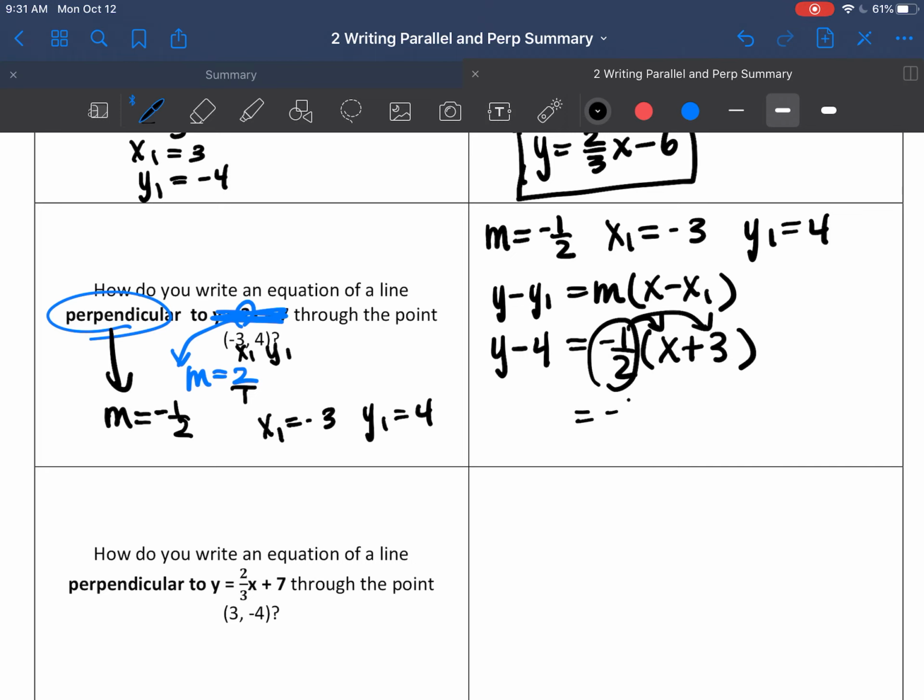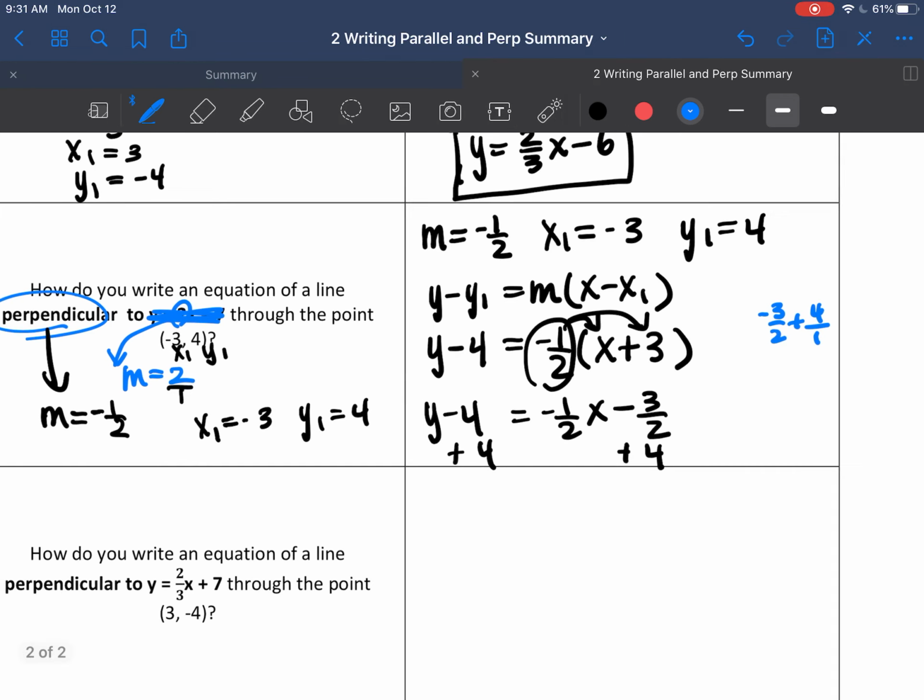Distribute, giving me negative 1/2 x minus 3/2. And then we add the 4. So I'm going to come over here and do that negative 3/2 plus 4.